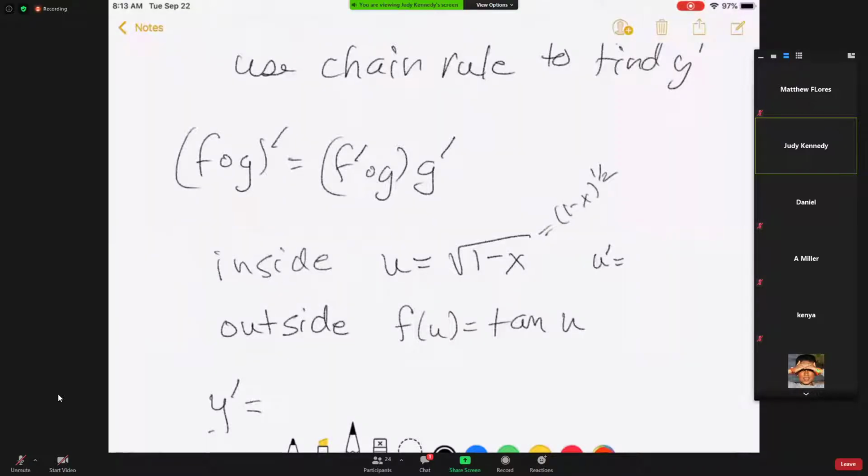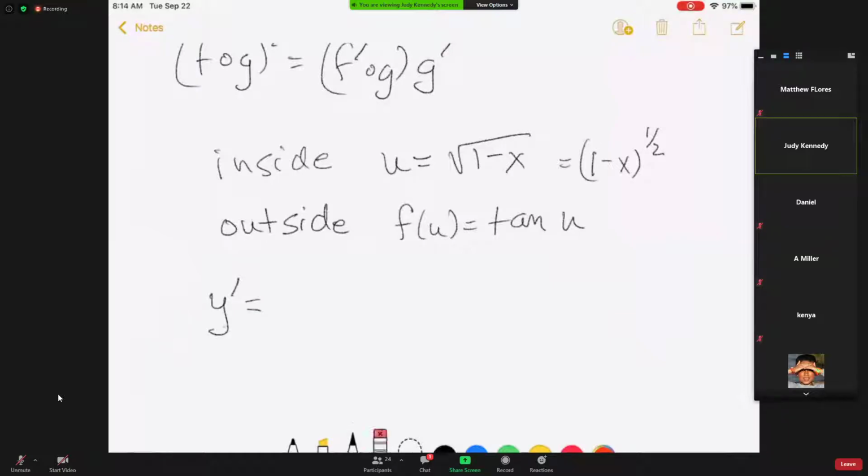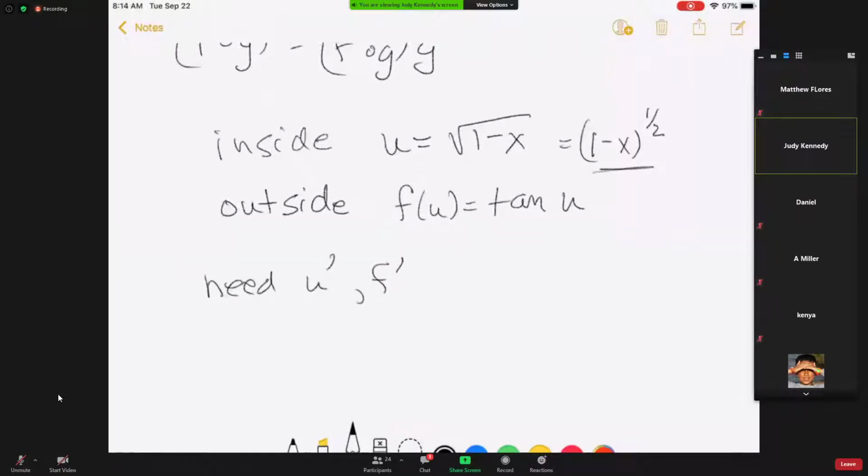So that's a composition itself. I need both u prime and f prime here, but u prime is itself a composition of two functions.